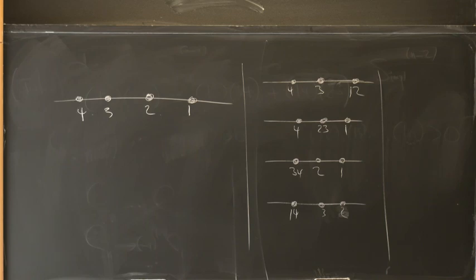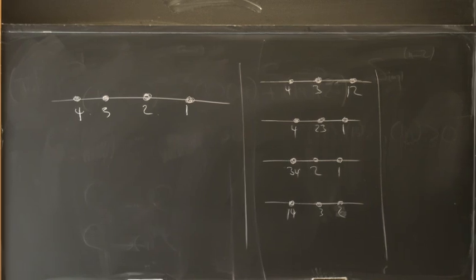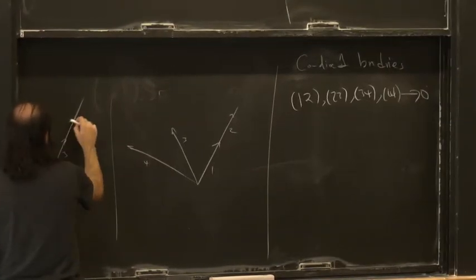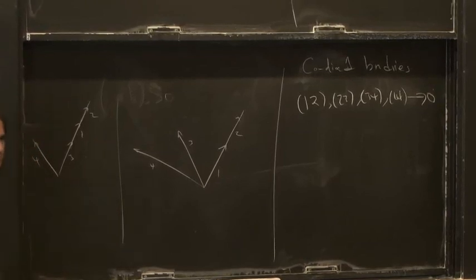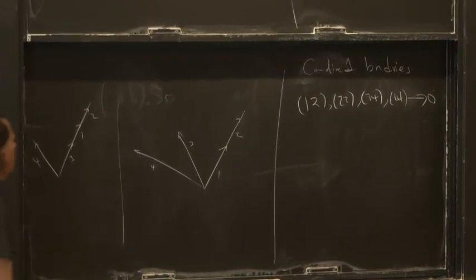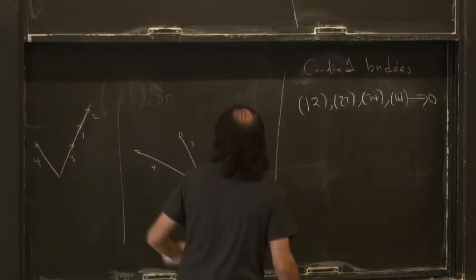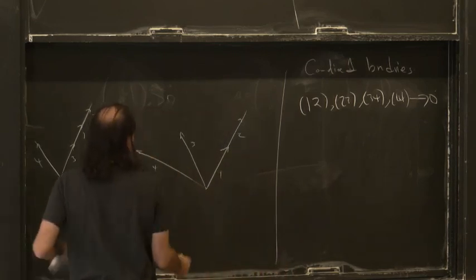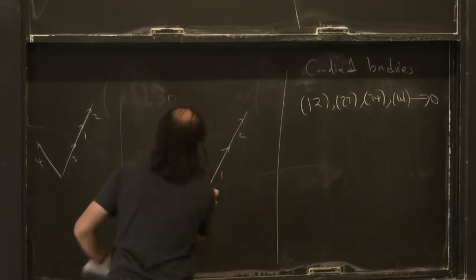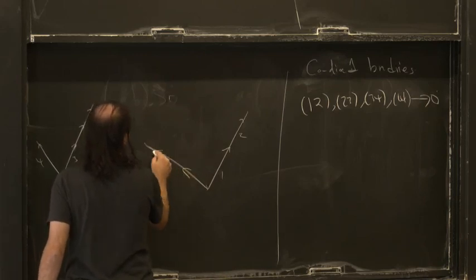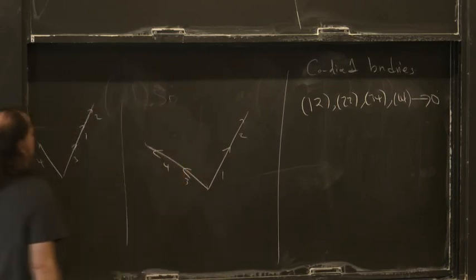For example, obviously I could make 3 parallel to 1 and 2. Right? So that's one kind of boundary. So that I have 4 there, and then 3 and 1 and 2. I could make just 3 parallel to 4. That's another kind of boundary.